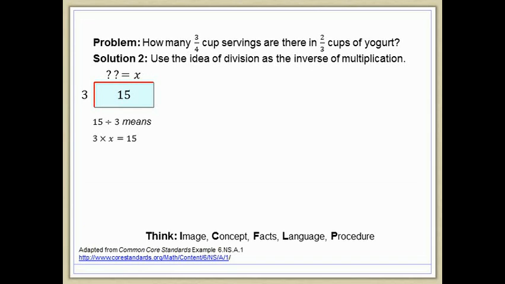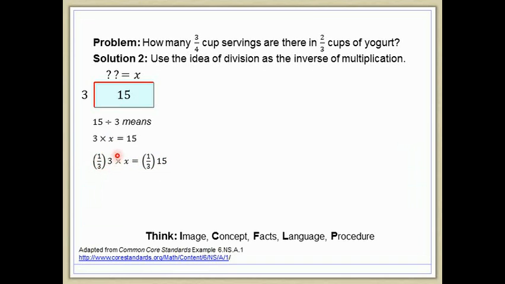So we know that 3 times some number is 15. So if we take a third of 15, we'll get 1 times that number. So conceptually, here's this number 3 times x, which is 15. If we take a third of that, we're going to have only 1 times x.